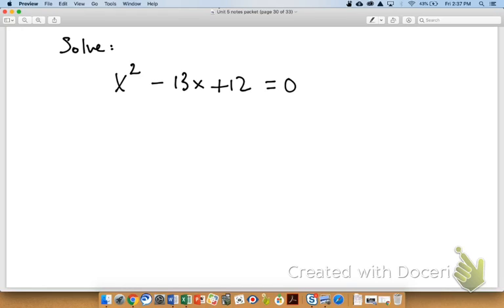So, you've done a fine job factoring. You just haven't solved it.